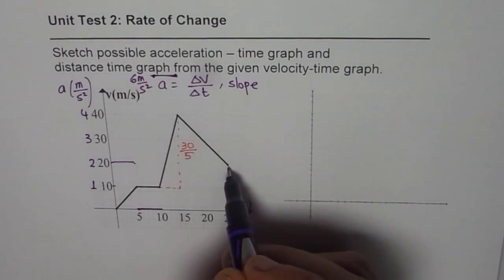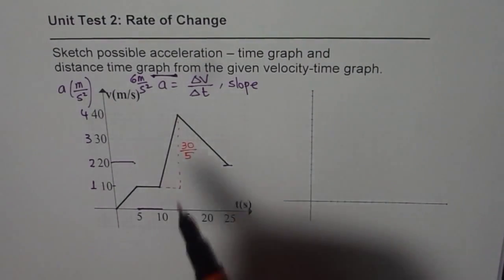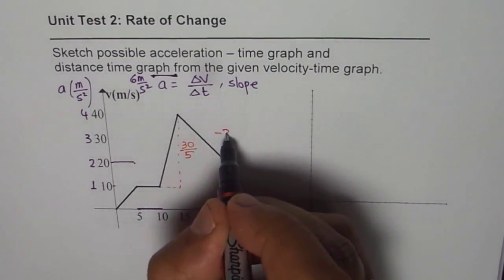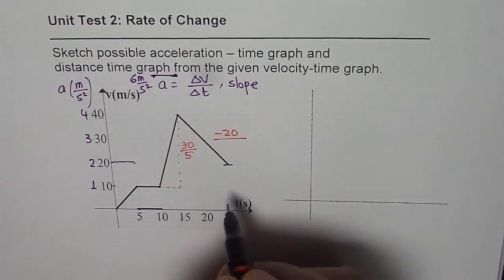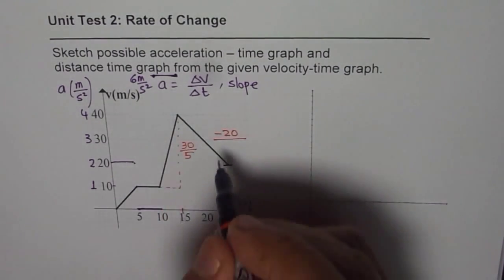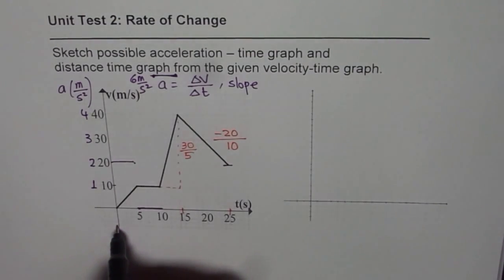Now in this case, it is dropping down. And the change is how much? Let's calculate this change. It drops from 40 to 20, so it is minus 20, right? And the time duration is from 15 to 25, which is 10. So it is minus 2. So here it is 1 and then minus 2 is way below.